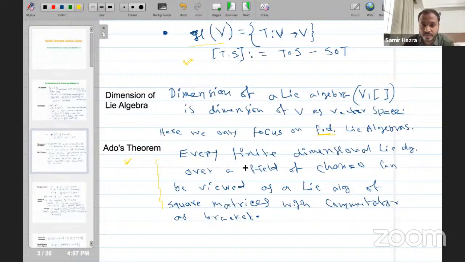If we take any finite dimensional Lie algebra over a field of characteristic 0, then that Lie algebra can be viewed as a Lie algebra of square matrices of some order with the commutator as bracket. So essentially every finite dimensional Lie algebra over characteristic 0 turns out to be a Lie algebra of some square matrices, with the obvious commutator bracket.